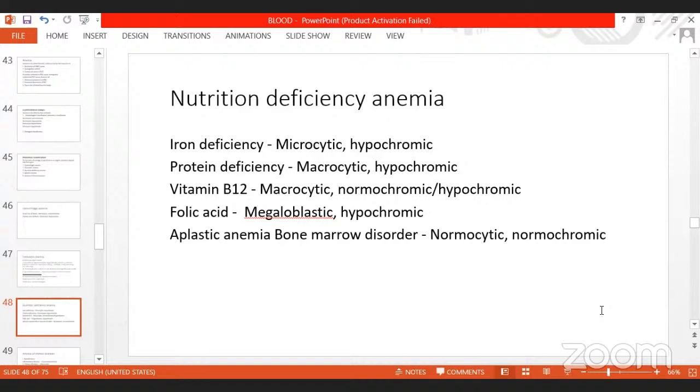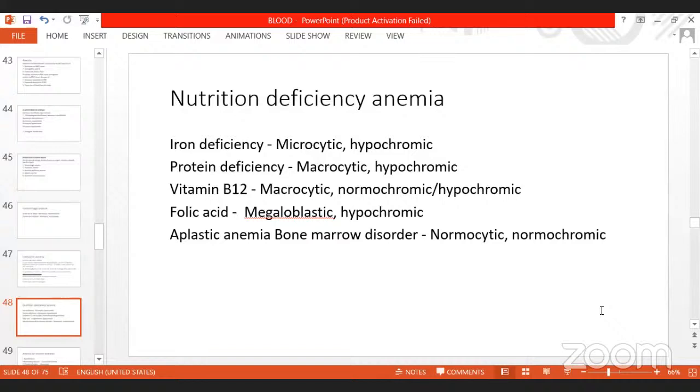And in folic acid deficiency, the cell will become megaloblastic because in the first stage, the DNA synthesis itself is affected. So it is megaloblastic hypochromic.